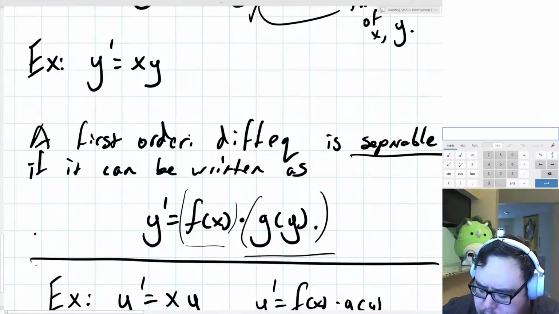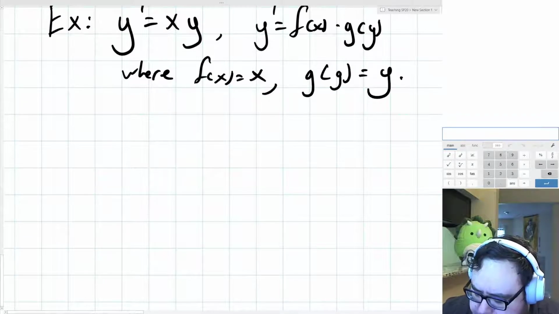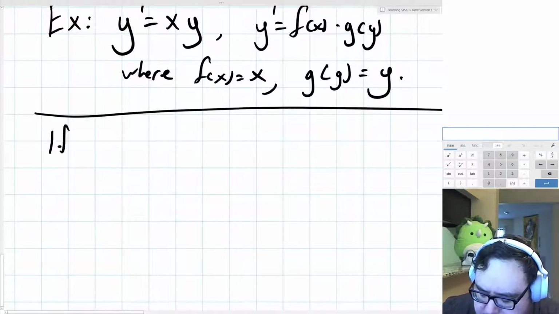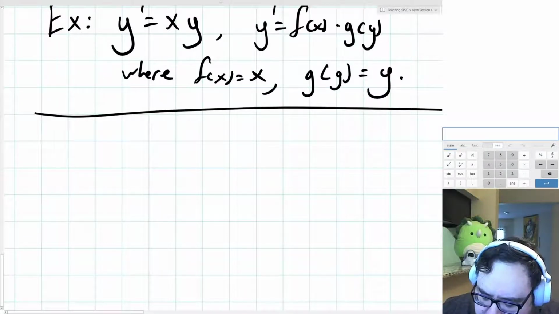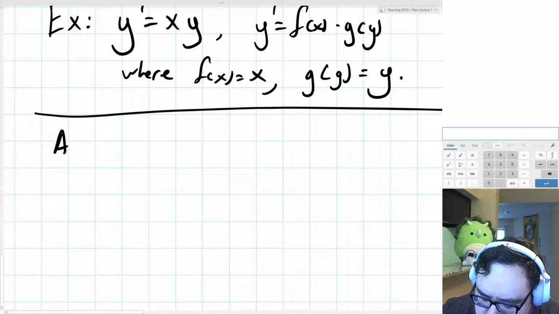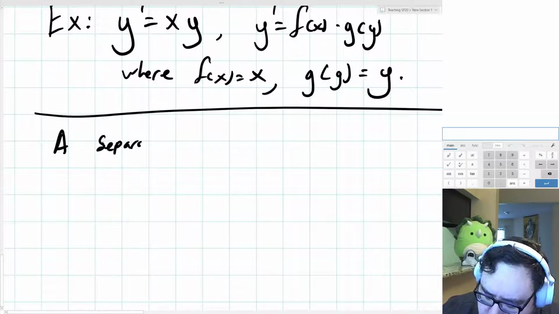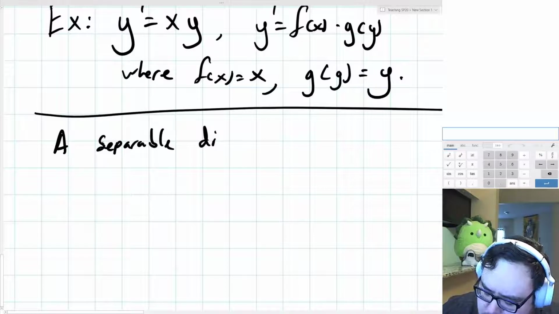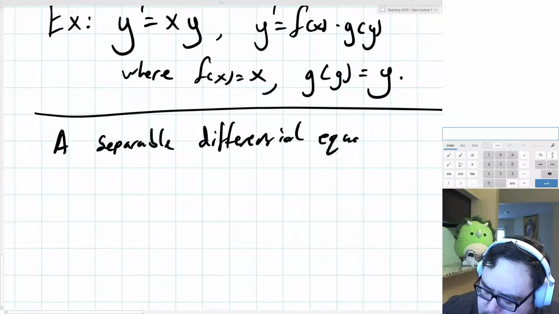What we'll do, a separable differential equation. Did you write g of g or g of y?